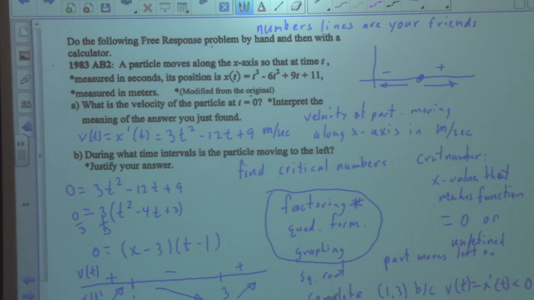And so that's your answer, and your justification. You can pre-justify, knowing this is going to be your answer because v of t equals x prime of t, even before you figure out what it is.